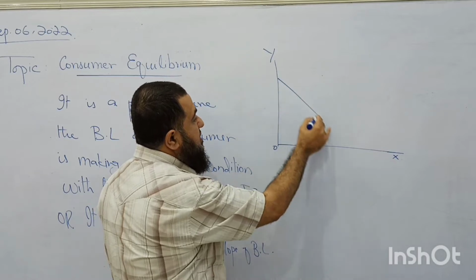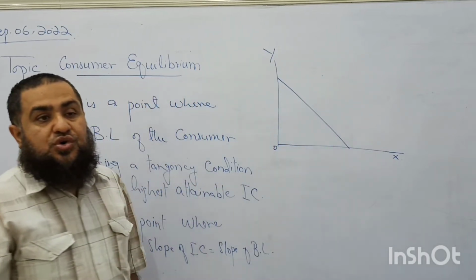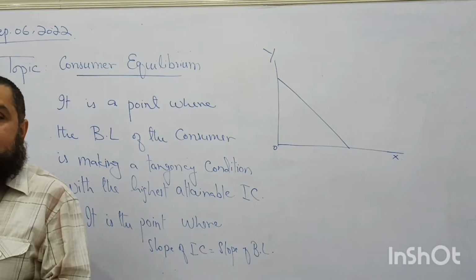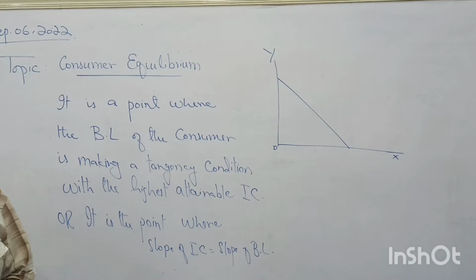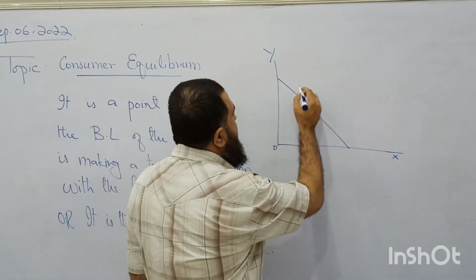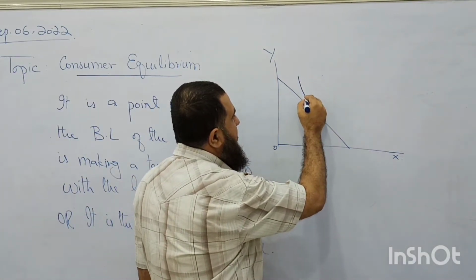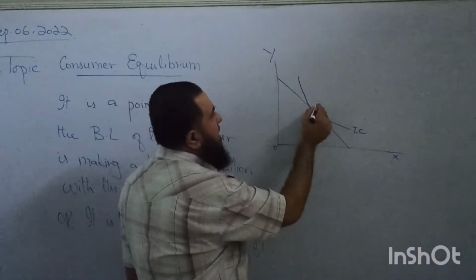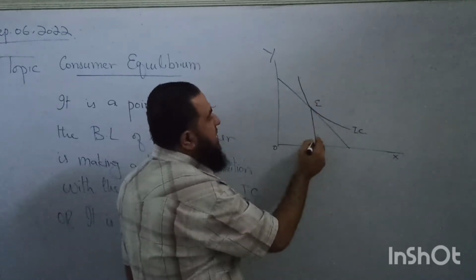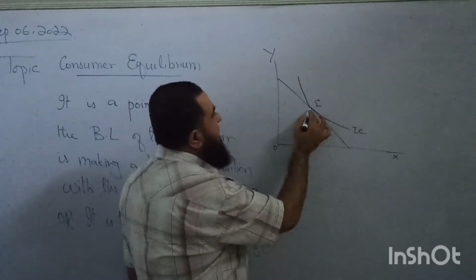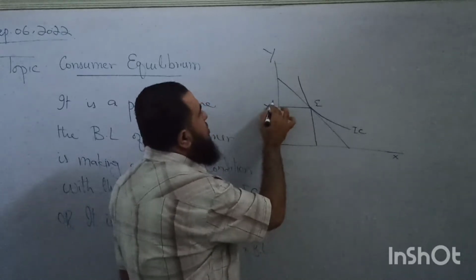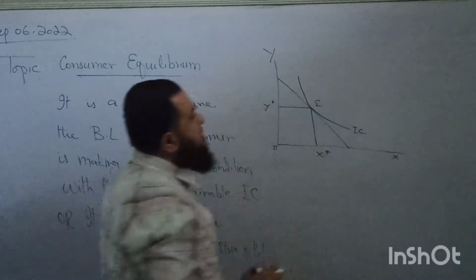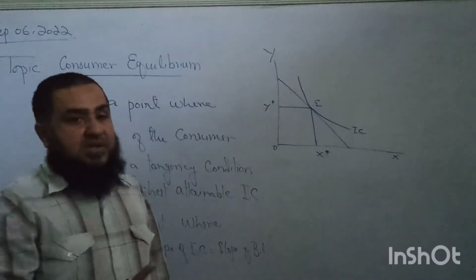So this is the budget line of the consumer, that shows the affordable bundles of the two goods within given income and the prices of X and Y. Now this is the indifference curve. Here the consumer is making the tangency condition, where he is going to consume both X and Y.